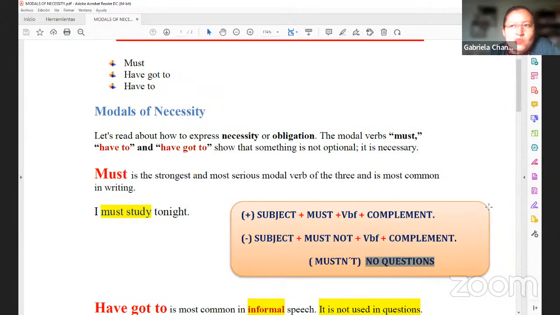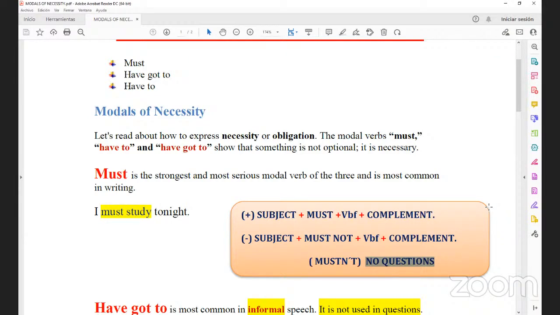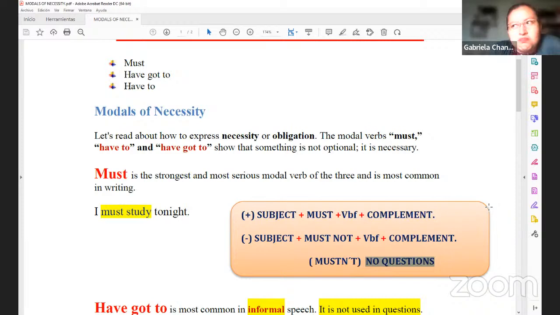Men must do military service, ejercicio militar.